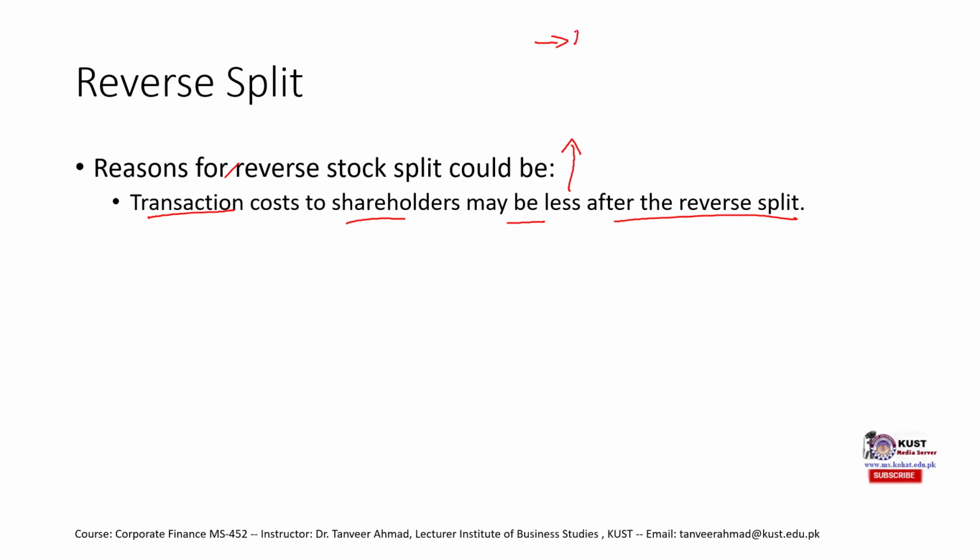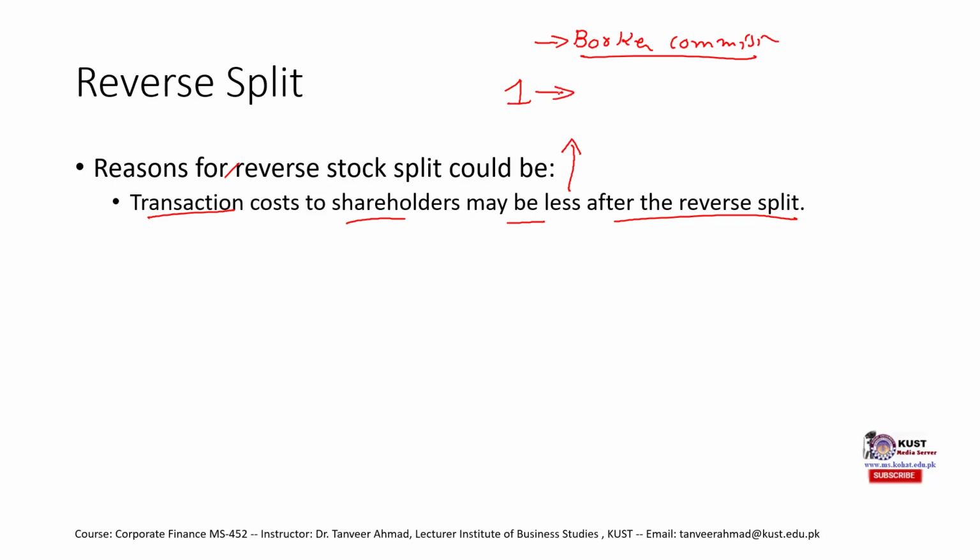For example, there are certain duties and taxes that are levied on us, but the most important of these costs is broker commission, right? Normally the commission would either be certain paisas or a percentage of the share price.